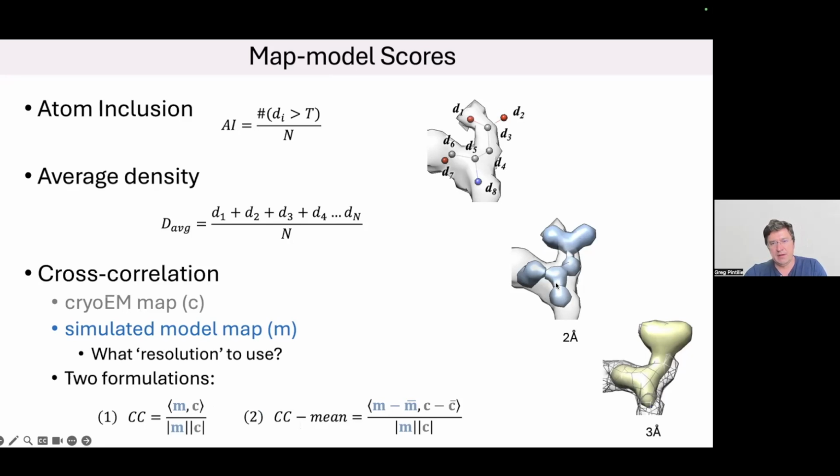Here, if we think of all the values as a vector m, we subtract the mean of the vector from that vector, and then do a dot product between those two. These two formulations can give slightly different scores, and each one has advantages and disadvantages that we've looked at in the past. I won't get too much into that here, but it's good to know that these two different formulations are commonly used.